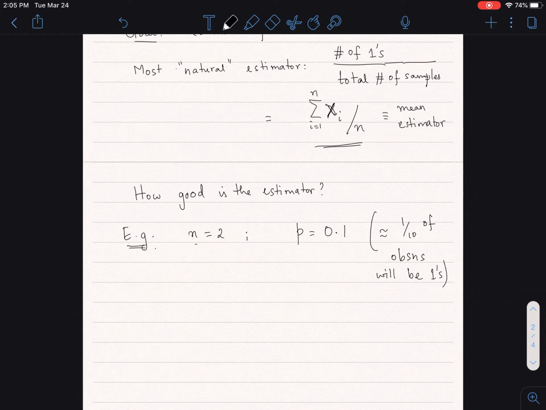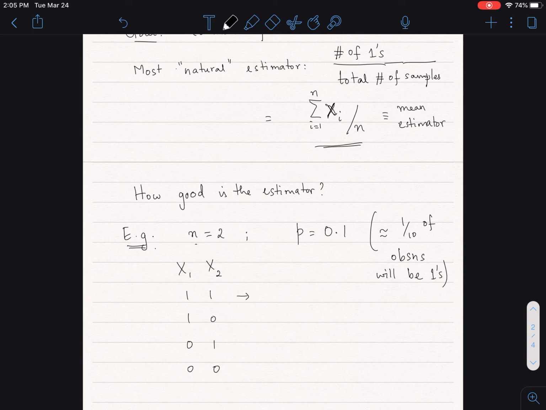If n is 2, it means that you get two samples. So you get either 1 1, or you get 1 0, 0 1, or 0 0. These are all the choices of x1 and x2. And there are some probabilities of each one.